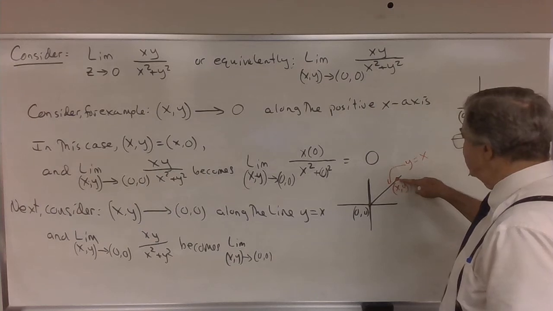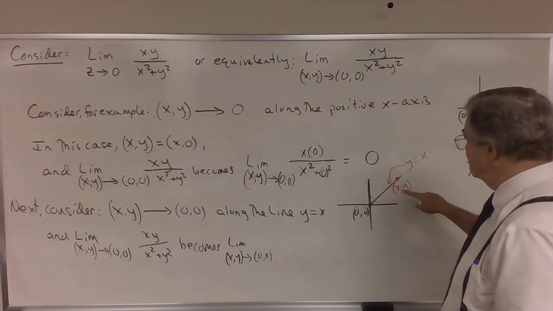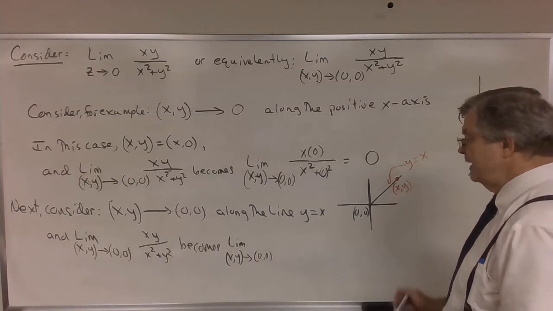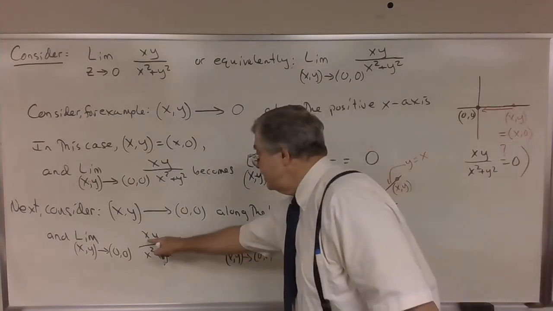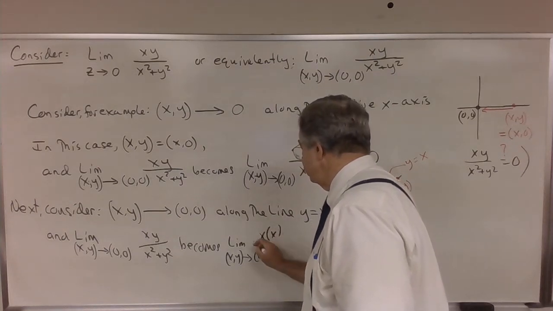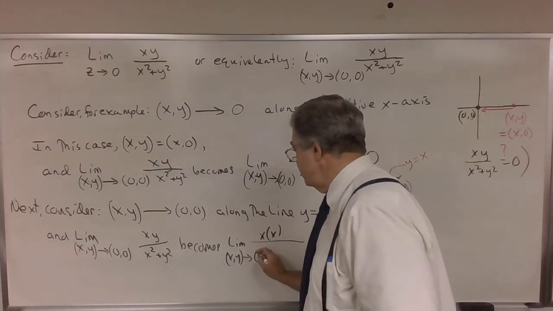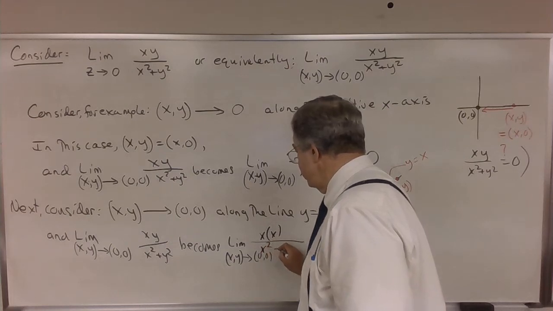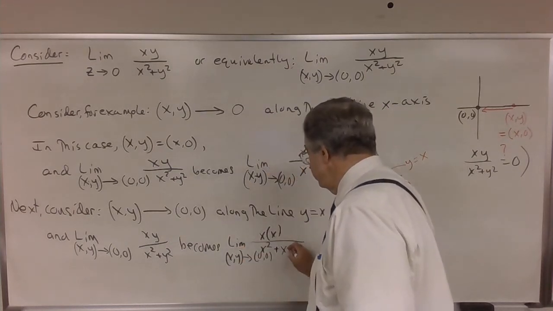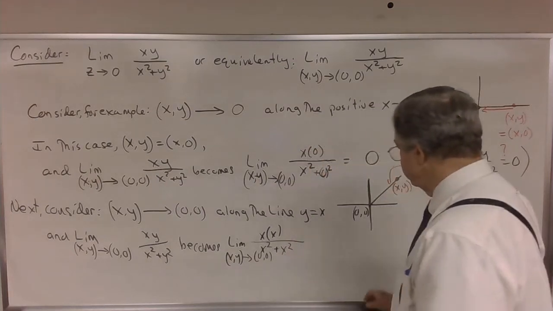Any point on this line is such that the x and y coordinates are equal. So the y coordinate equals the x coordinate. And we can say that xy is the same thing as x times x. And we have x squared on the bottom. Since y equals x, we could write this as x squared.